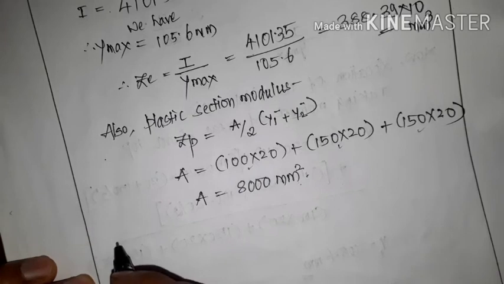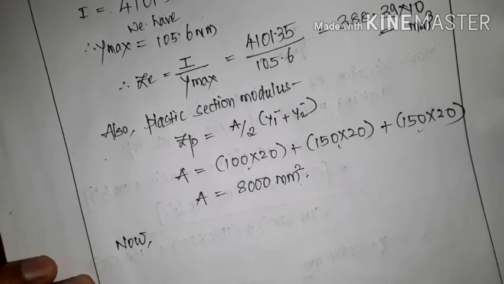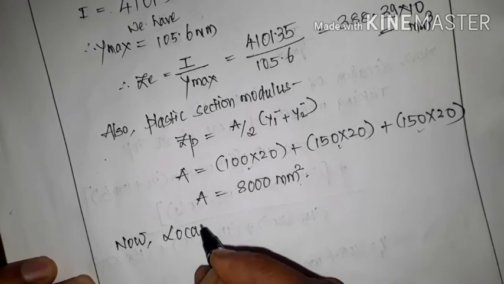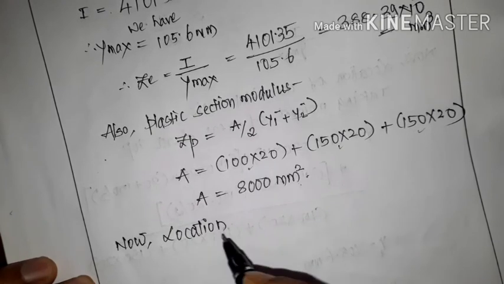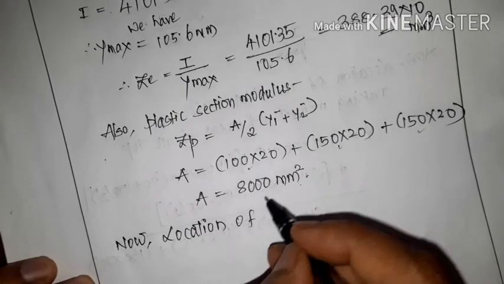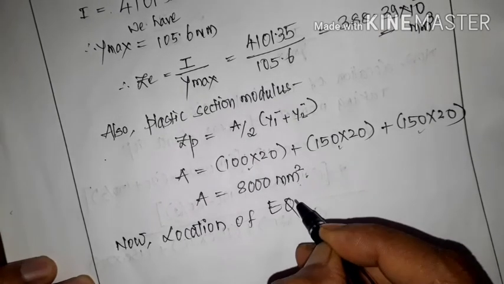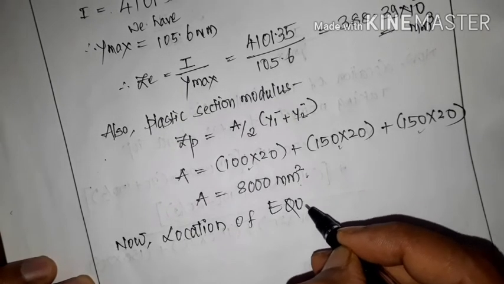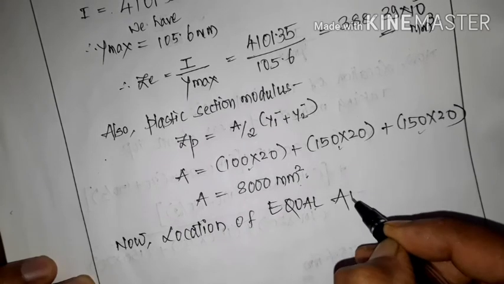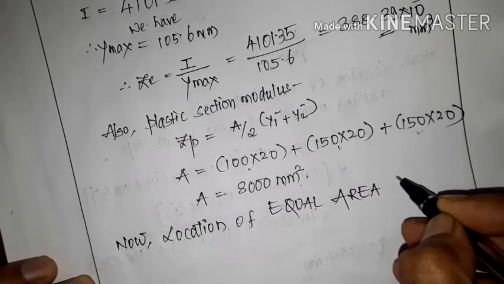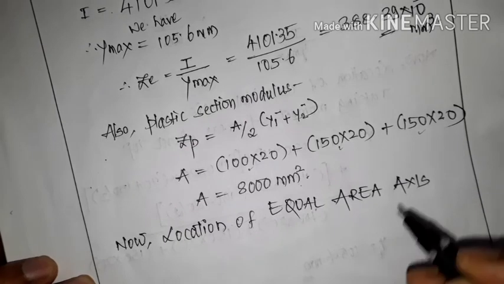Now you have to fix the location of the equal area axis.